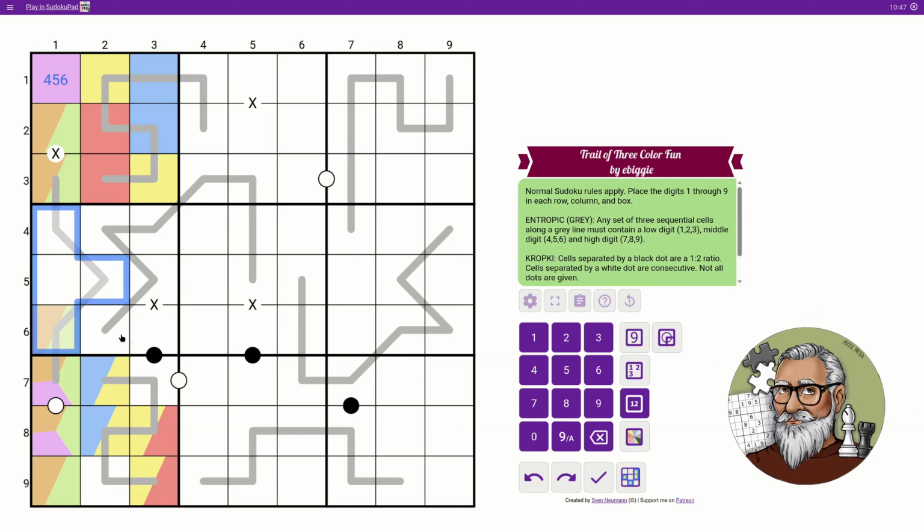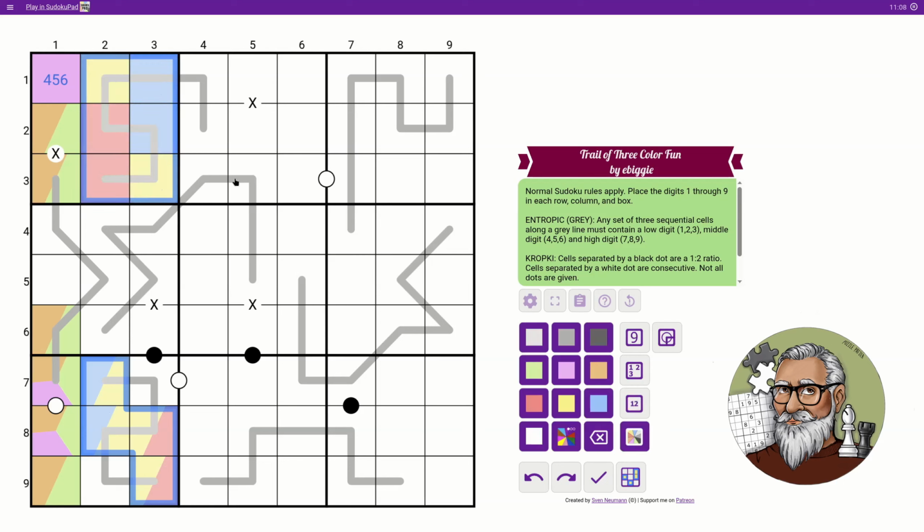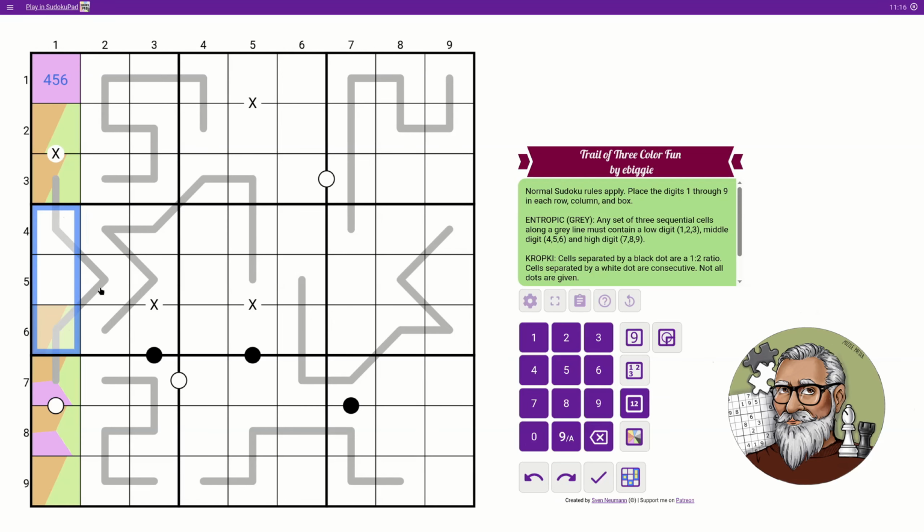So we have 2 of this, so it's not that. And then 1 of each. Oh my god, it is. Oh wow, really? Then these are 3, 1 of each, right?